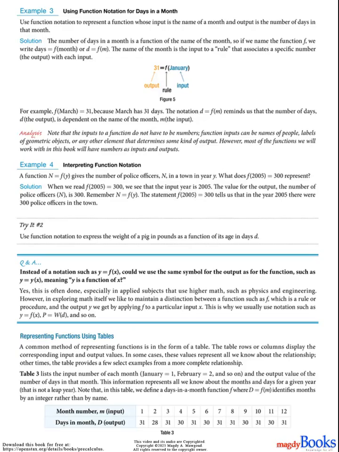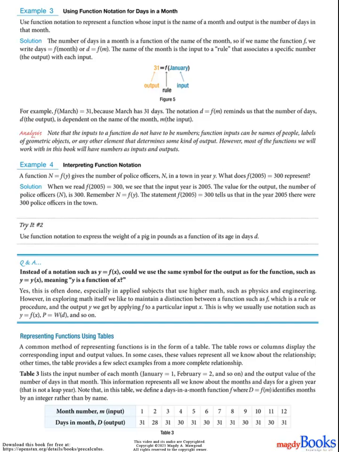A common method of representing functions is in the form of a table. The table rows or columns display the corresponding input and output values. In some cases, these values represent all we know about the relationship. Other times, the table provides a few select examples from a more complete relationship.